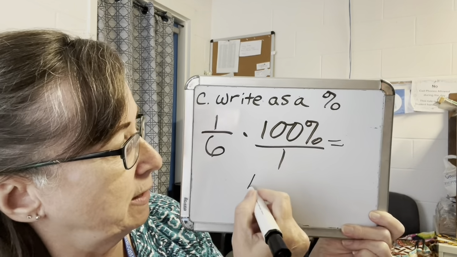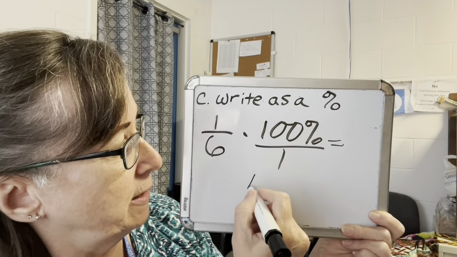So 100 divided by 6. 6 goes into 10 one time. 1 times 6, subtract, and bring down the 0 to get 40. 6 into 40 is going to go 6 times. 6 times 6 is 36. And we're going to be left with a 4 again. Okay, so I'm not going to take it out more because I'm done with my whole number portion and it would be a decimal.